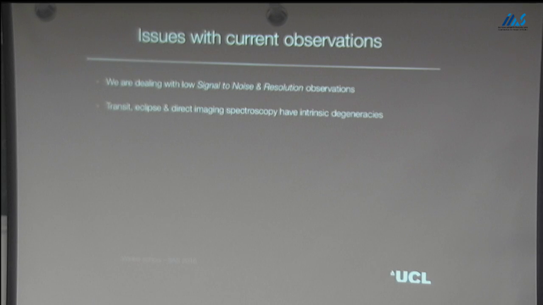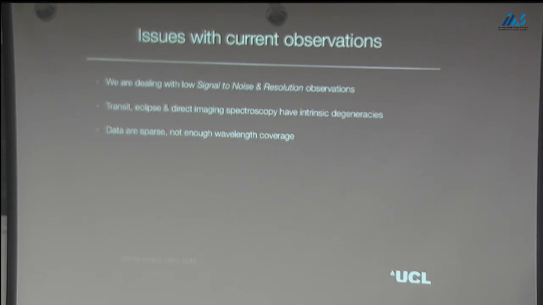So how can you distinguish, for instance, a planet that has a smaller radius but much more water vapor piled up in the atmosphere, or on the contrary little water vapor but an overall opacity at the 1 bar or 10 bar level that is higher? So there is an intrinsic degeneracy with transit spectroscopy. I mentioned already the eclipse and the direct imaging ones. So they all have some pros and cons, and ideally the more techniques we can find to probe these atmospheres, the better.